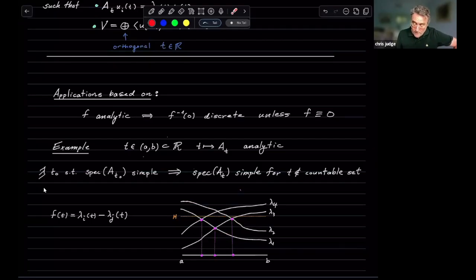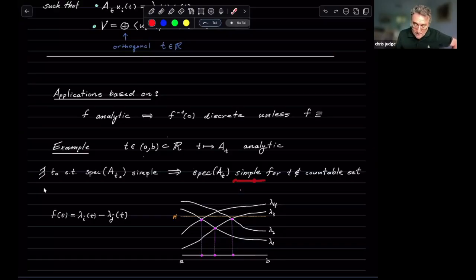And where they cross is exactly where some analytic function is 0. So I know that the set of crossings is discrete. If I fix a level m and look at all the crossings under level m, that gives me a nice discrete set. Then I can raise m and take a union of countable sets, and it's still countable.